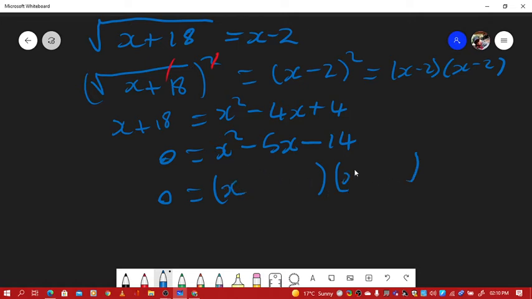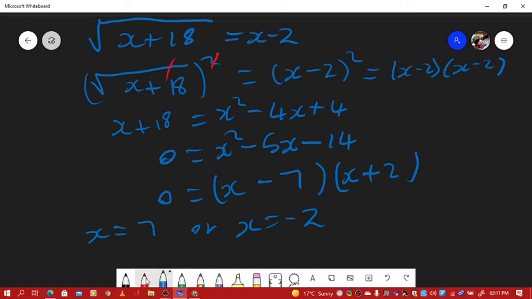So this is x, this is x. So if I have negative 7, positive 2 and I multiply them together, I'm going to have negative 14, and if I add them together I get negative 5. Okay, so that means x is equal to 7, or x is equal to minus 2.